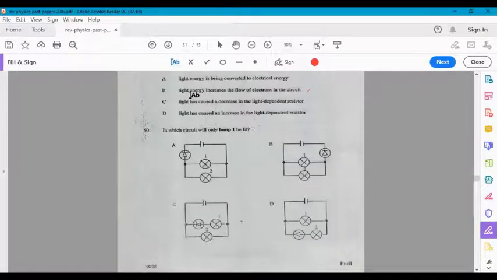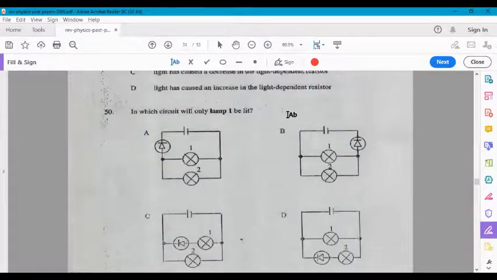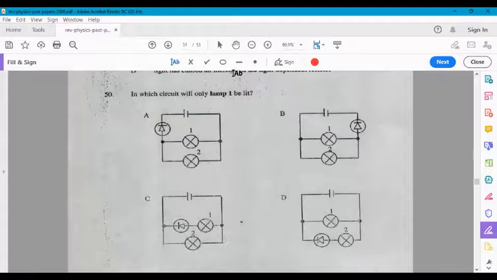Finally, last question. In which circuit will only lamp 1 be lit? So lamp 1 is on, but lamp 2 is not. Which one of these circuits is arranged for you to observe that? Well, we notice that we have diodes in these circuits.